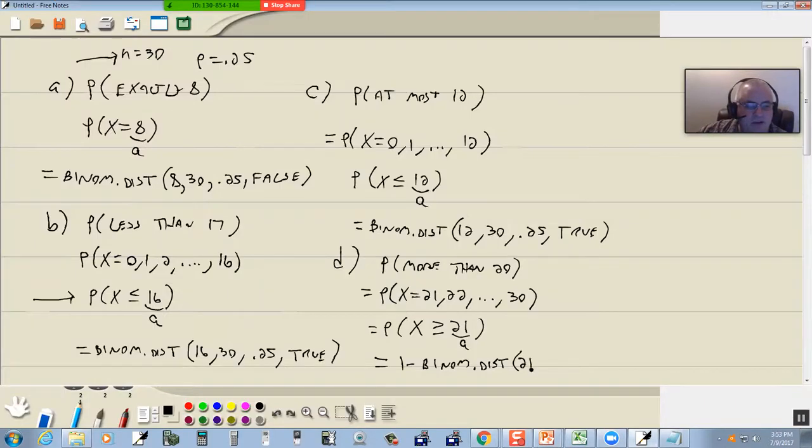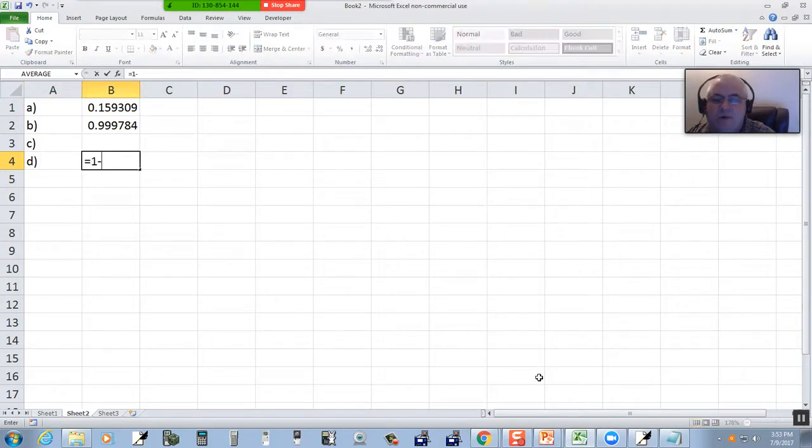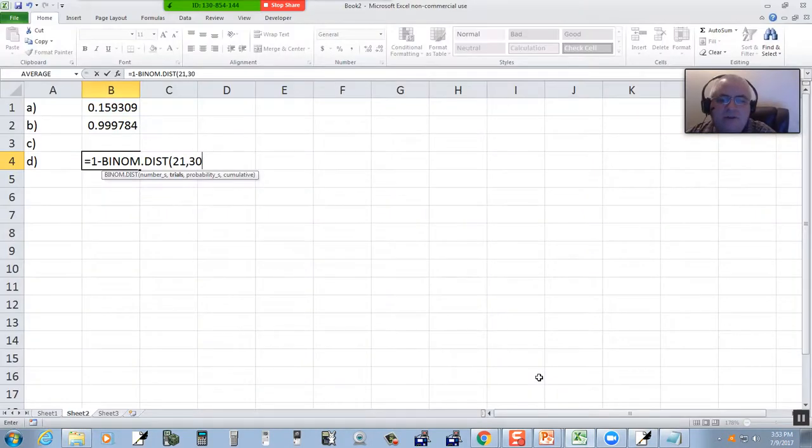A was 21. N is 30. 0.25 and true. Okay, so we got, what one is this? D equals 1 minus binom dist 21, 30, 0.25, and then true.